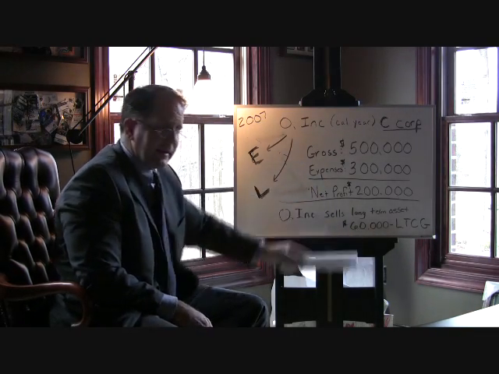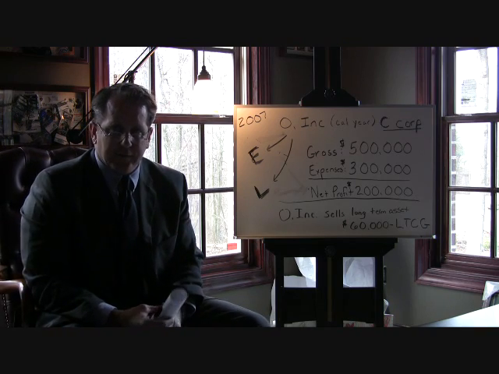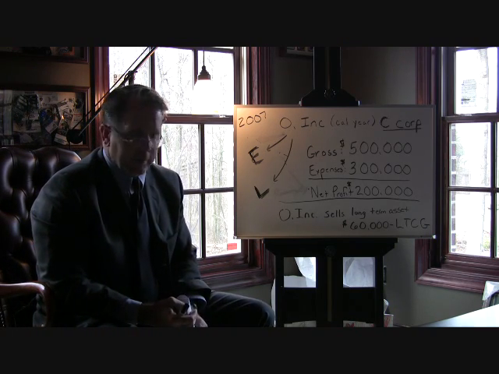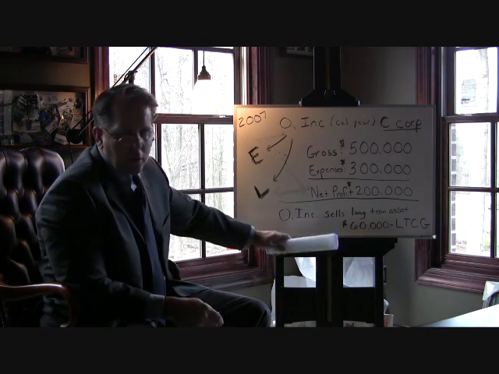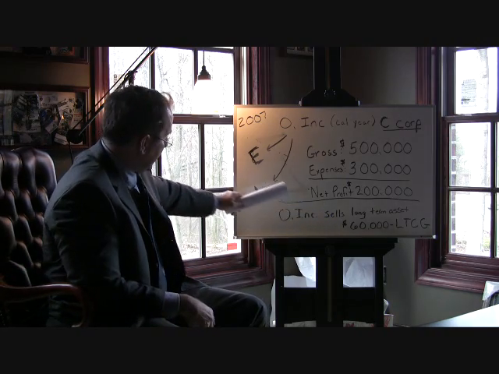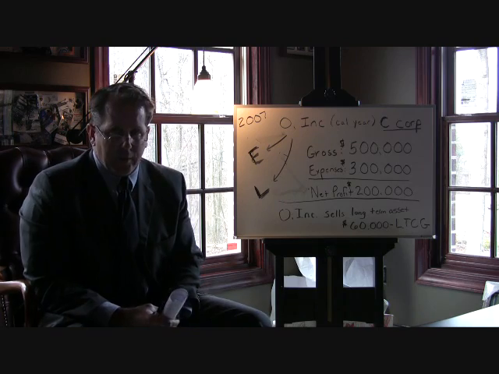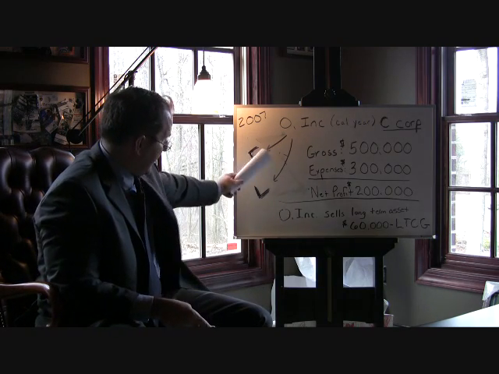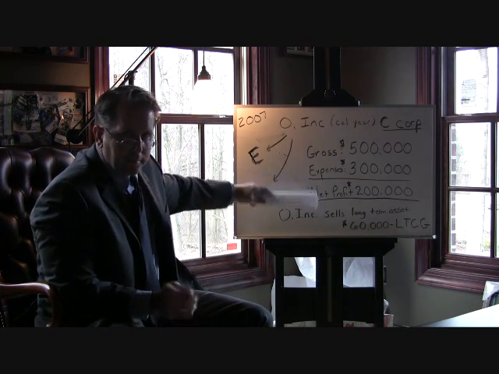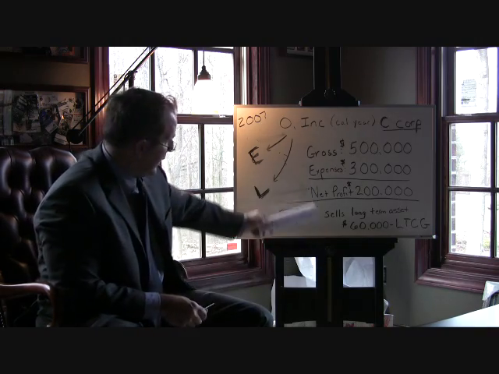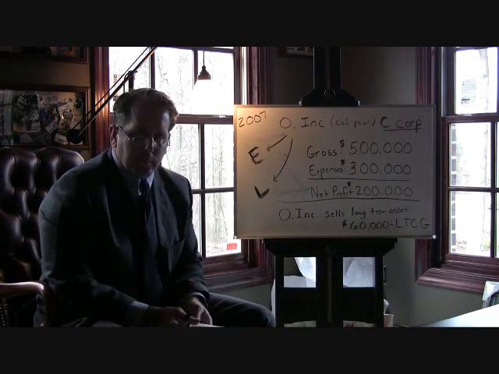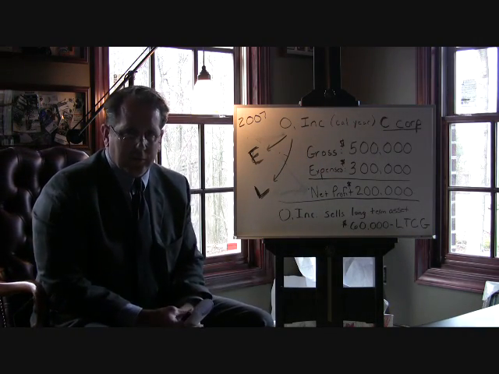On the 1120, it will pick up the $200,000 of net profit and report it. There will be no K1 in the 1120. So E and L may still be shareholders, equal shareholders in O Inc., but they're not going to have that reflected. There's not going to be a K1 pushing it out to the shareholders. The C Corp will file its own individual return.